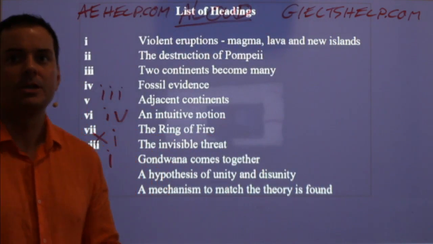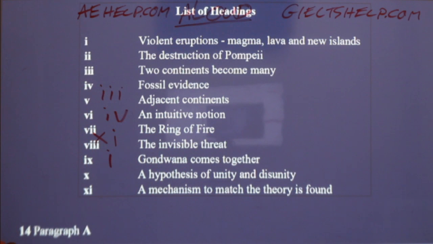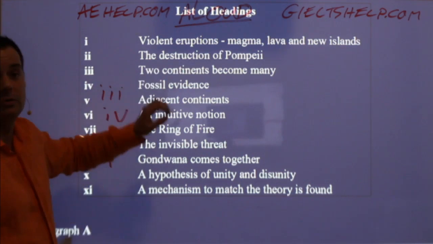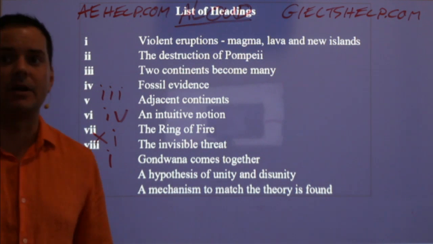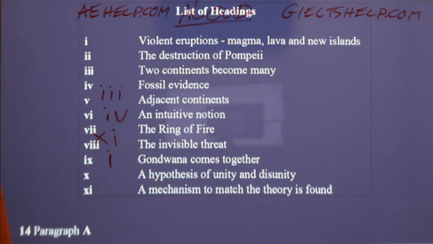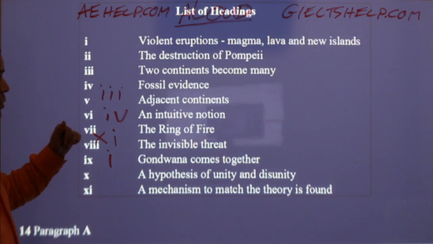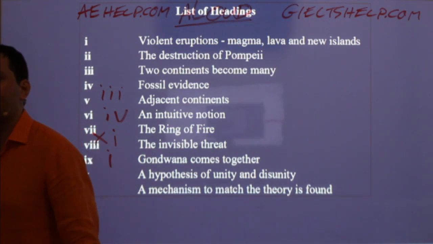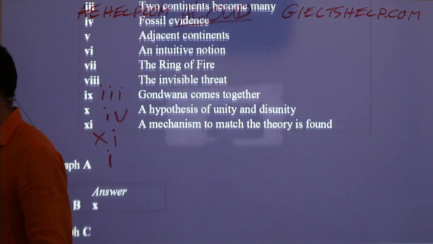So you cannot have an example as a heading. That's why number 2 is wrong. Is that clear for everyone? You're answering the what question, not the why and the how question. I hope that's very clear, because that's often where students will lose their marks, is they get lost in details.